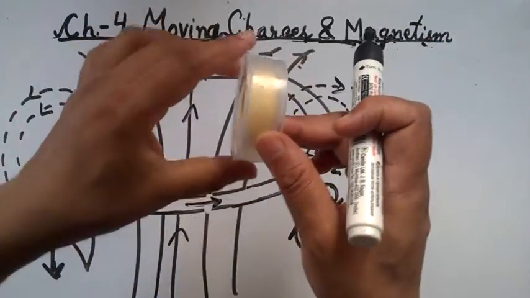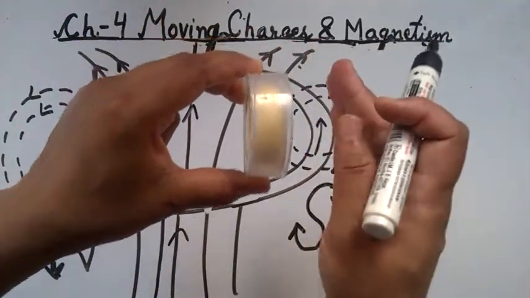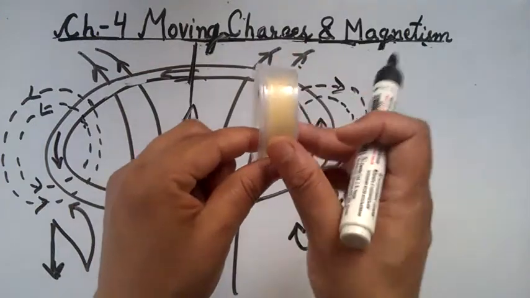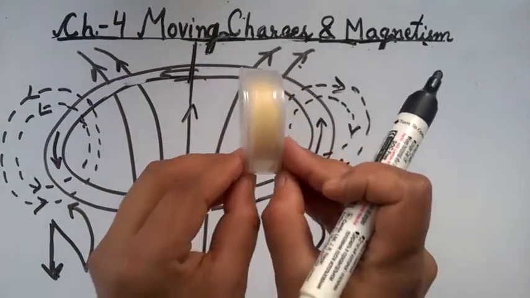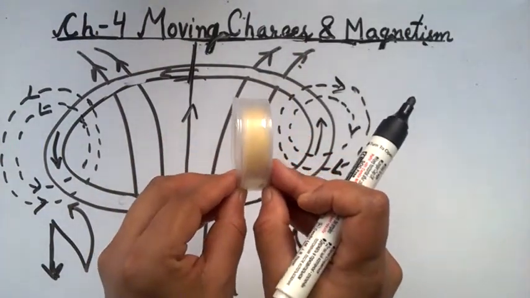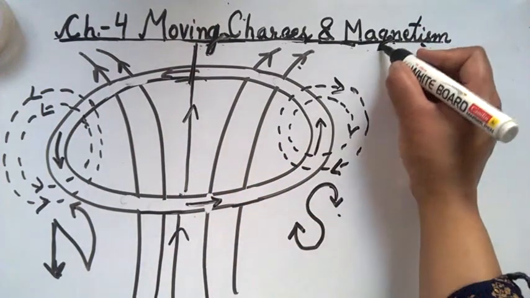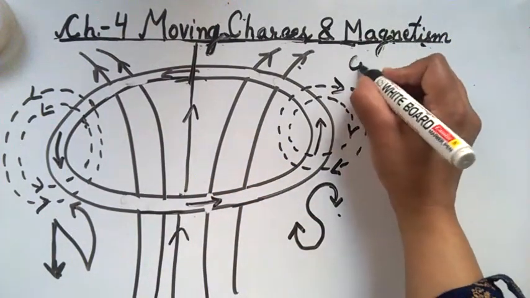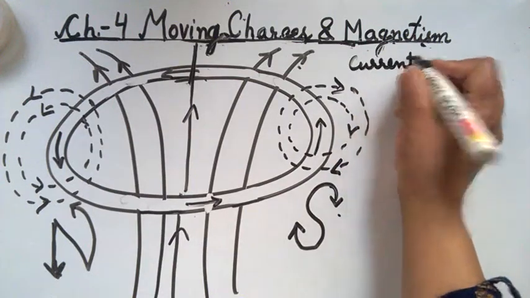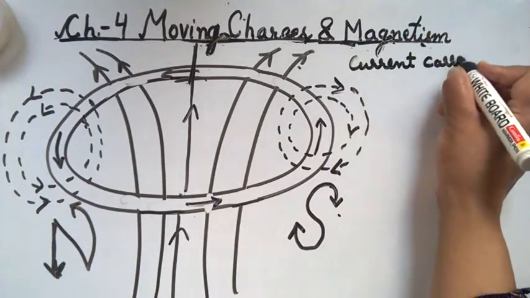So here we can say that the current carrying coil consists of two magnetic dipoles, or it behaves as a magnetic dipole. Thus a current carrying coil behaves as a magnetic dipole.